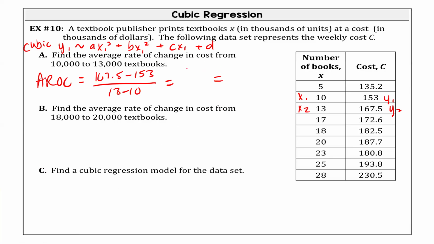So we have 14.5 divided by 3. And what do we get? 4.8. Well, you also can read your own table, so don't try to blame me.